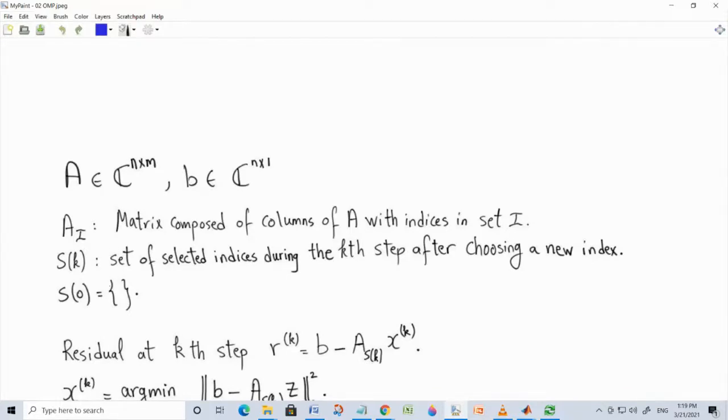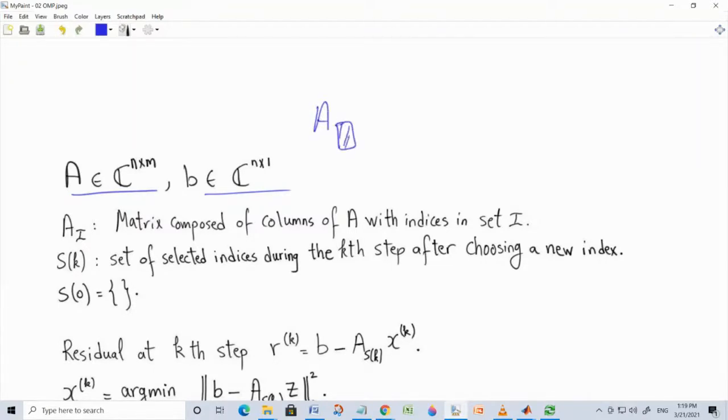I will do a general version. Here is matrix A, which is n by m, and here is vector b, the vector of observations or measurements. As a matter of notation, I write down a set here.